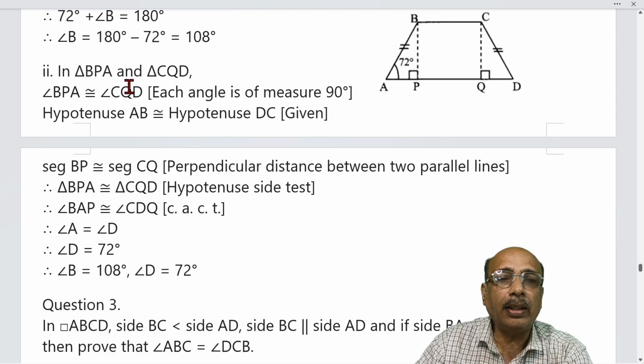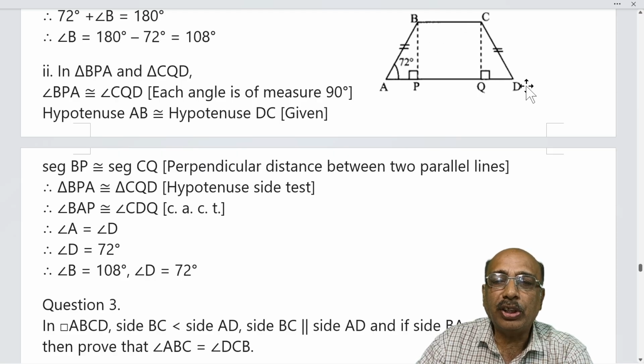Now, in triangle BPA and triangle CQD, angle P is perpendicular, so 90 degrees, angle Q is 90 degrees by construction. Therefore, angle BPA and angle CQD are 90 degrees each.